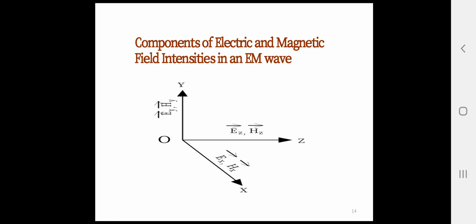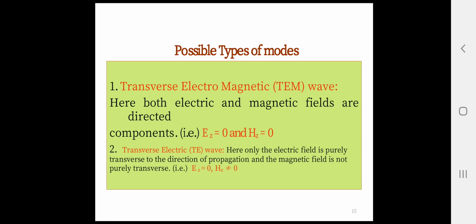These are the available components. Based on these field distributions, there are three possible modes of configuration inside the waveguide. The first one is TEM.